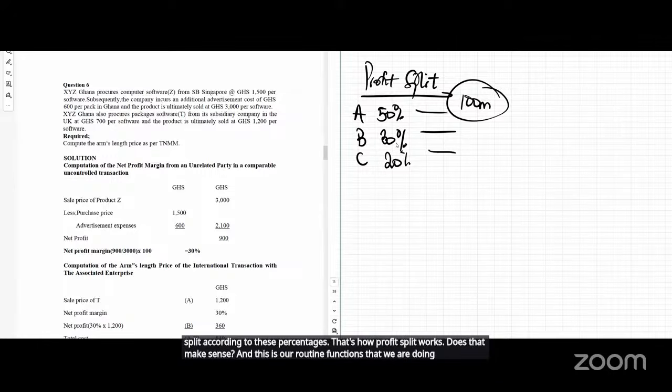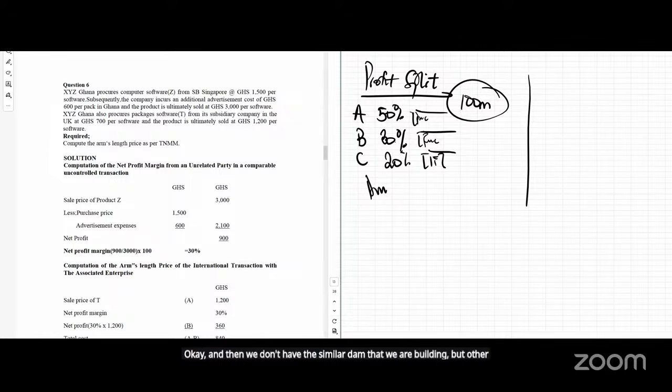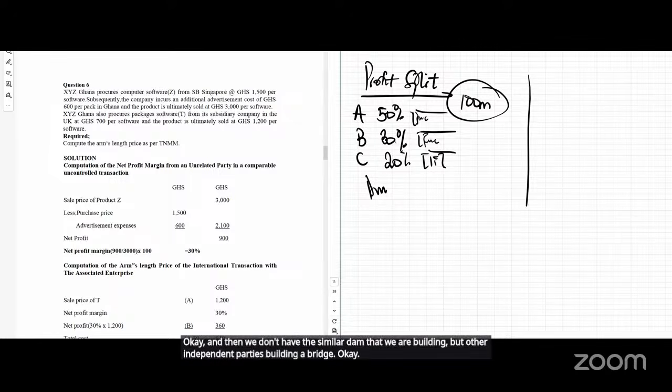Now, assuming this guy was doing procurement and production, this guy was doing finance, this guy was doing maybe IT, in this thing that we are doing together, and then we don't have a similar dam that we are building, but other independent parties building a bridge, arm's length wise. Somebody who performs the same functions as A on the market will charge 30%.